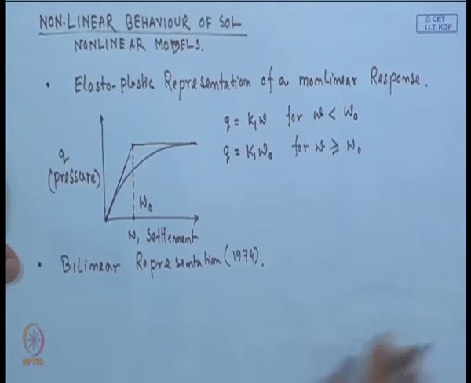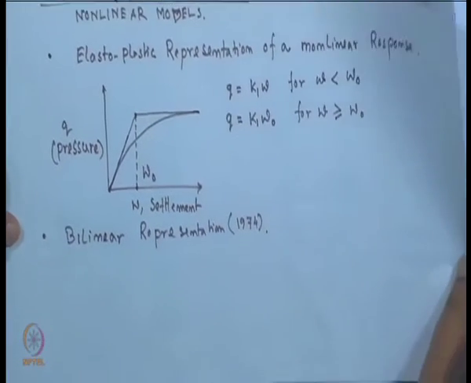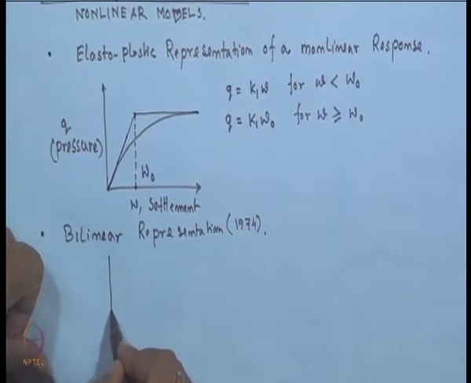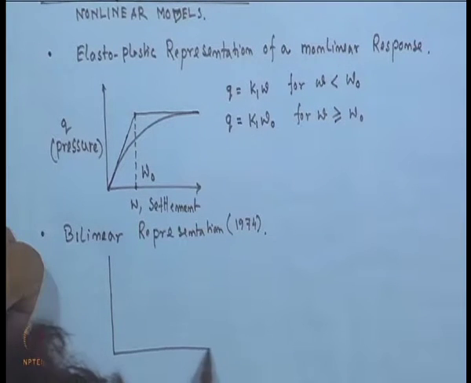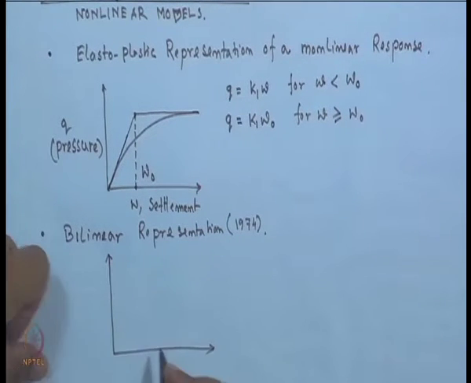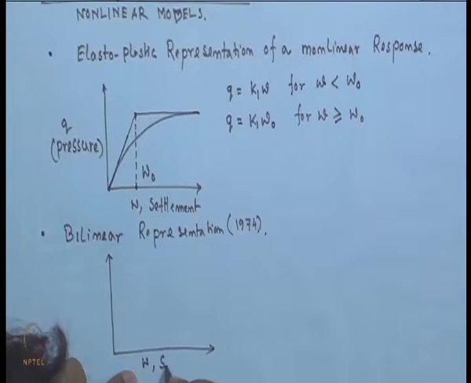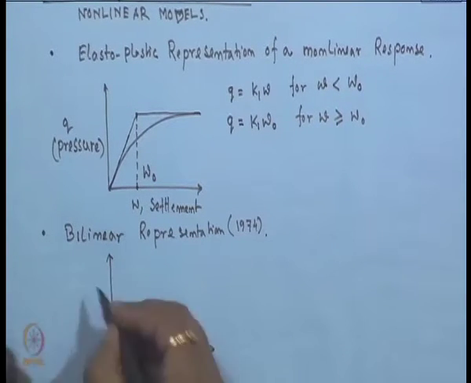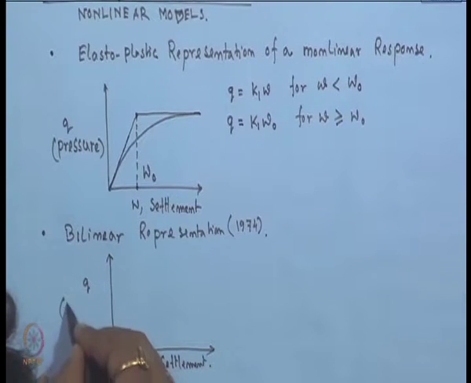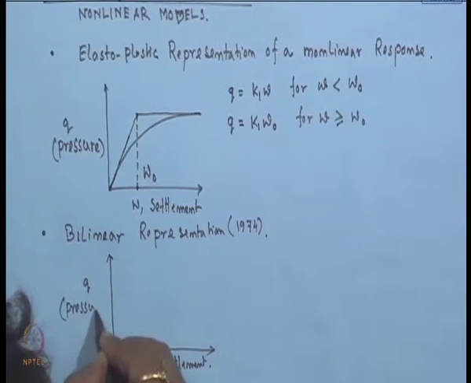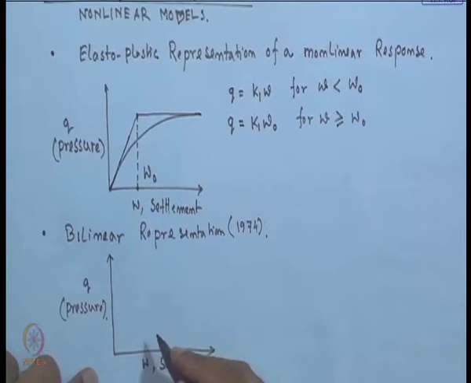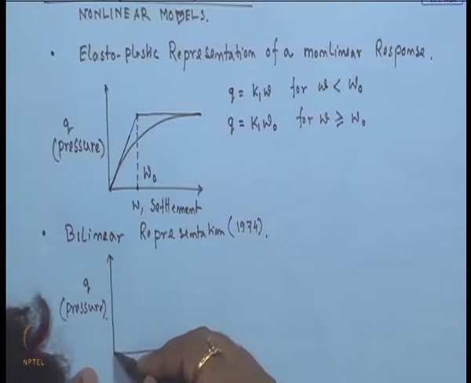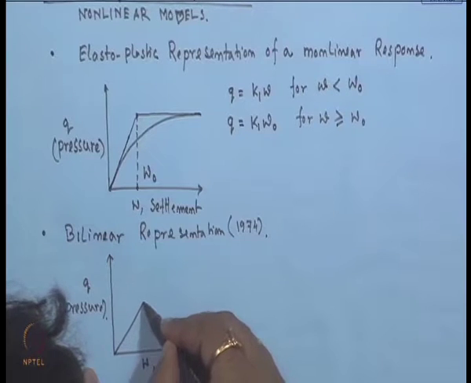In bilinear representation, suppose we have a load settlement curve. So, this is W, the settlement, Q is the pressure, then we have two straight lines.